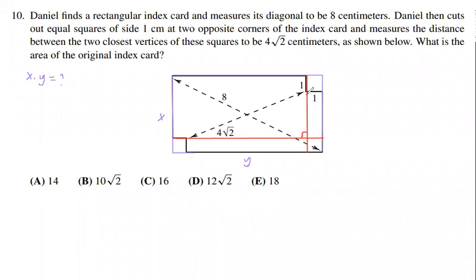This guy is going to be a long leg, this guy is another leg. Since we are cutting 1 unit right here, the length of this triangle has to be X minus 2. Same thing, this whole length was Y, and since we cut 1 unit right here and 1 unit right there, this piece has to be Y minus 2.